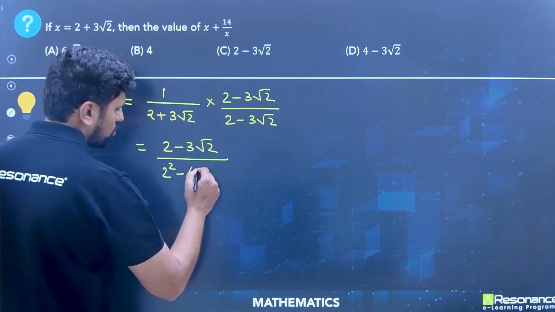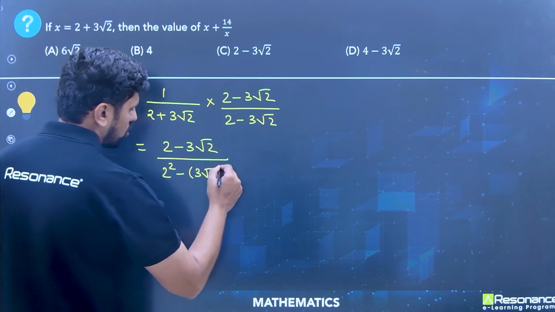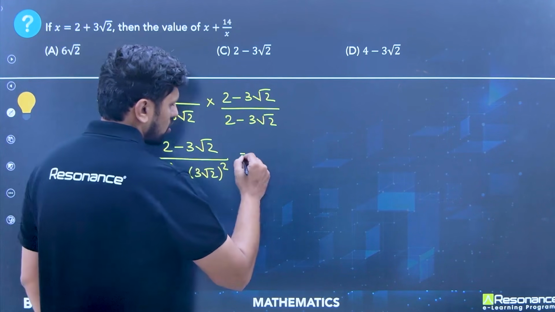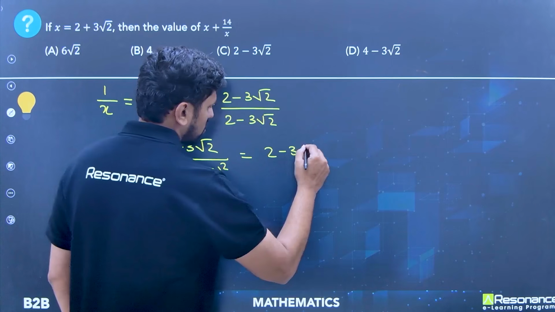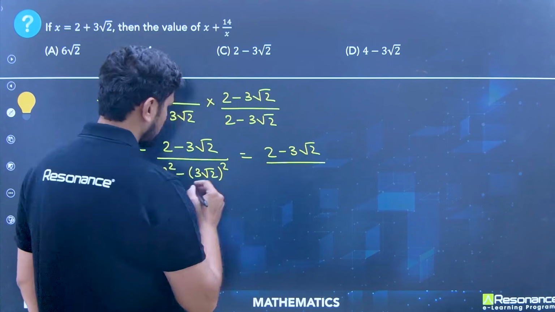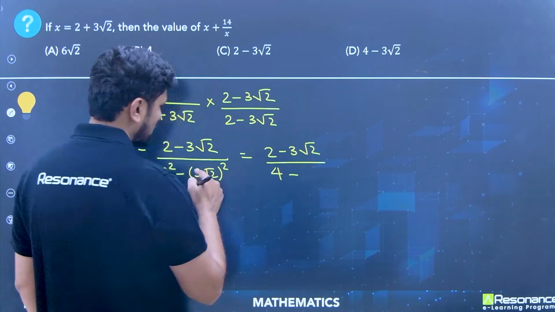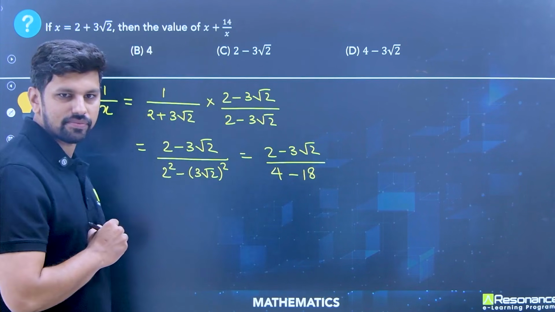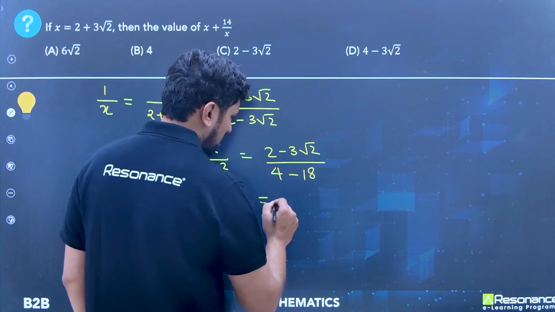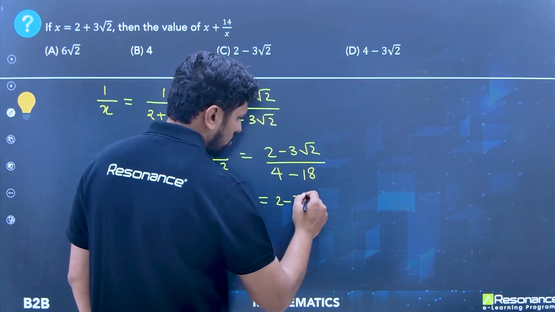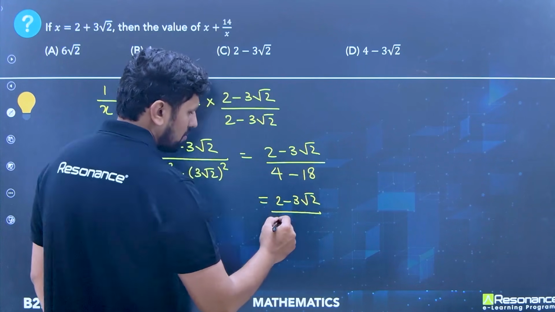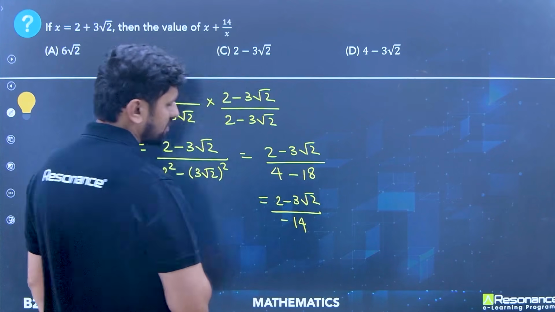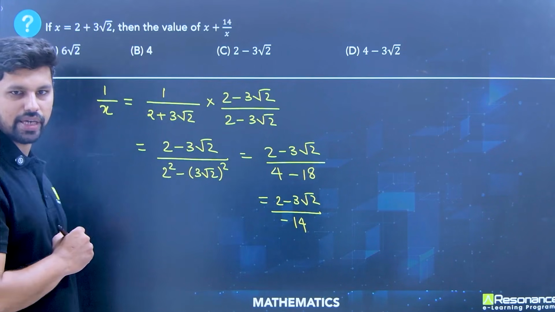So this will become 2 square minus 3 root 2 whole square. So this will be 2 minus 3 root 2 upon 4 minus 9 into 2 is what? 18. Correct? So this will become 2 minus 3 root 2 upon minus 14.